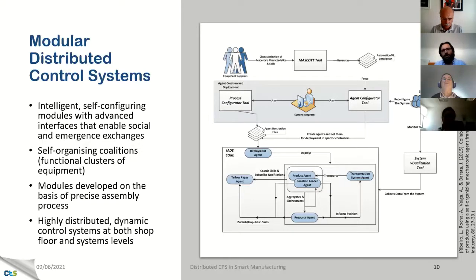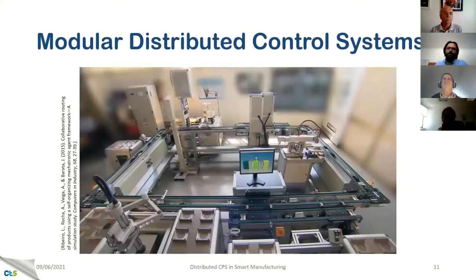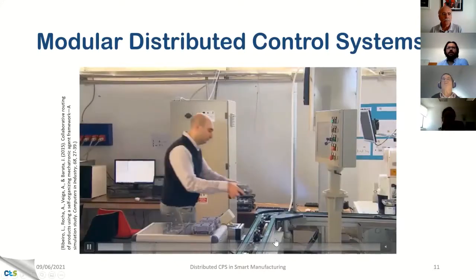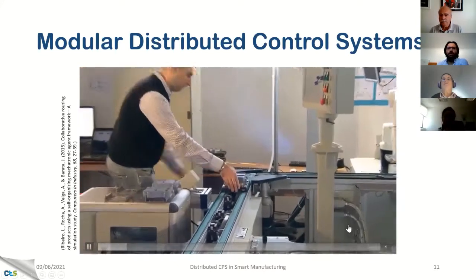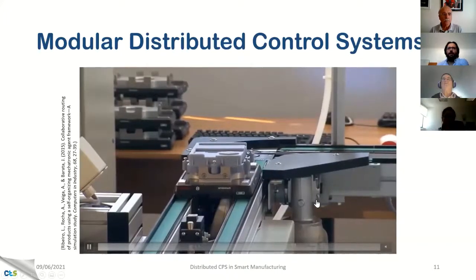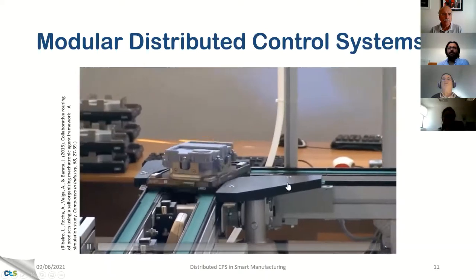So each station and each component of this environment is abstracted by a cyber entity. For example, in this case, each conveyor belt and each station is abstracted by a cyber part.